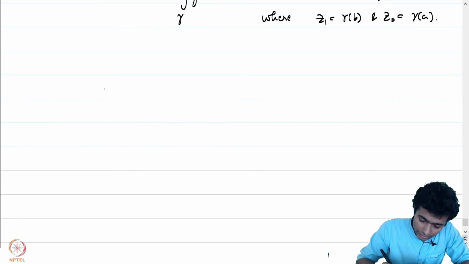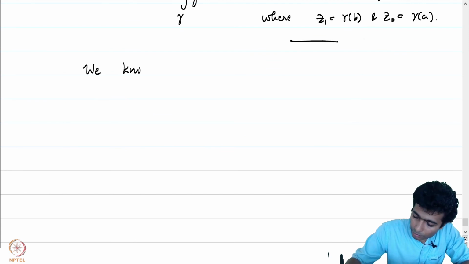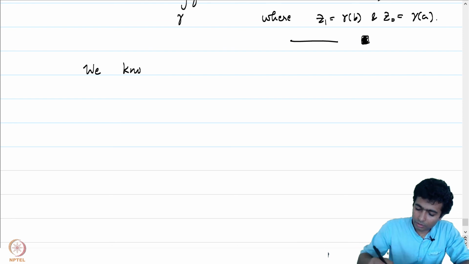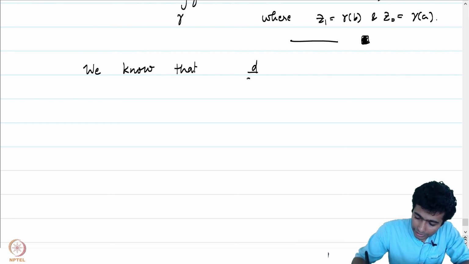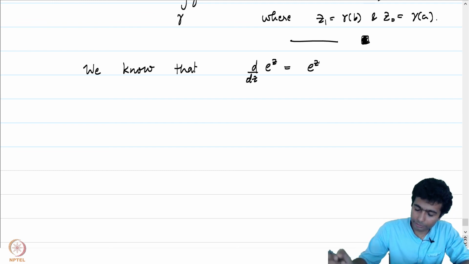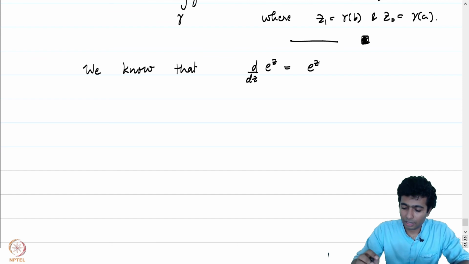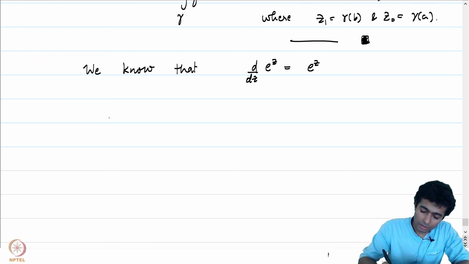So we know that d by dz of e to the power z is equal to e to the power z. That means e to the power z is the antiderivative of e to the power z in the whole complex plane.